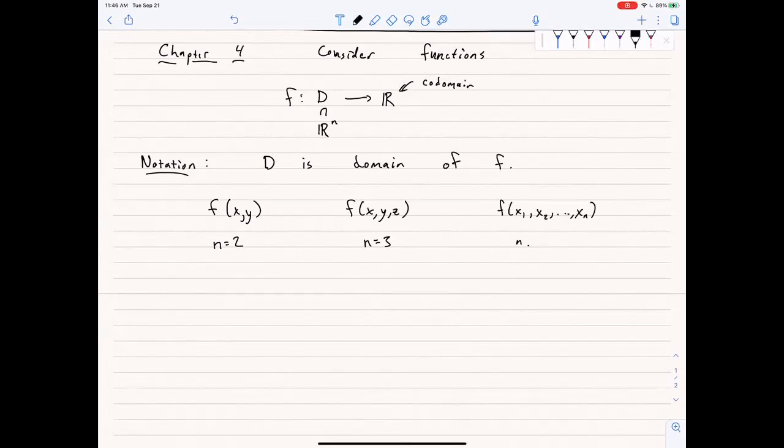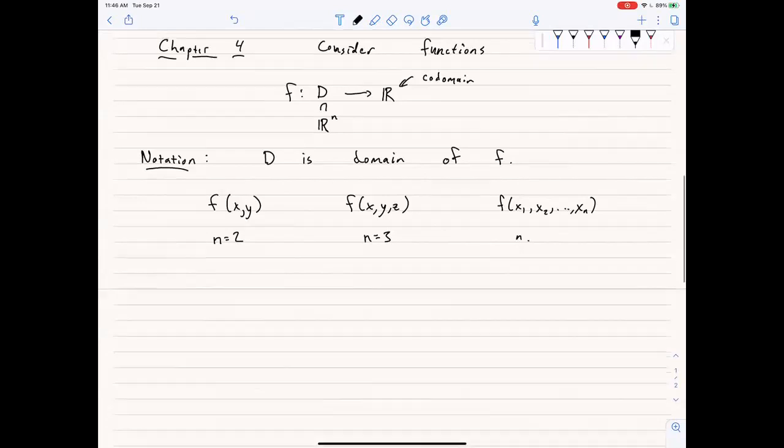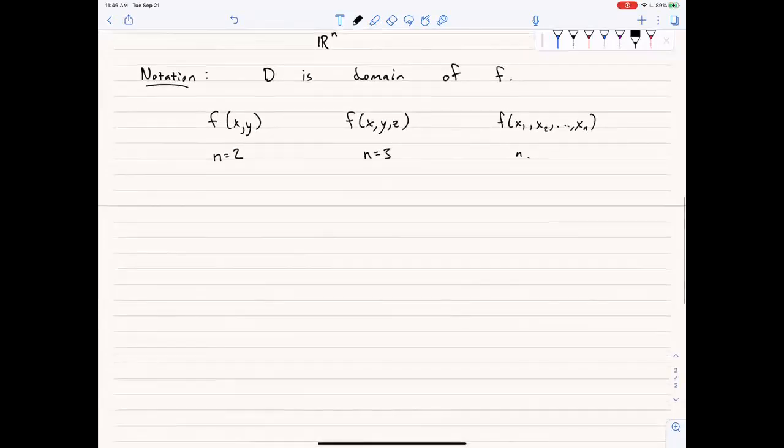So let's maybe start with a problem where we're asked to find the domain and the range of a multivariable function. As we'll see much later in the course, understanding the domain of a function has big implications in multivariable calculus. Certain things depend on the structure of the space of the domain. In one variable calculus, your domains are usually going to be intervals, right?